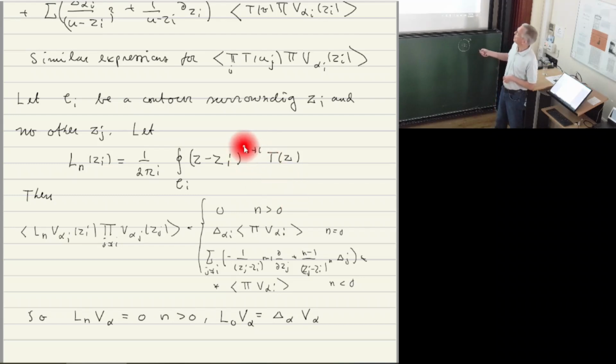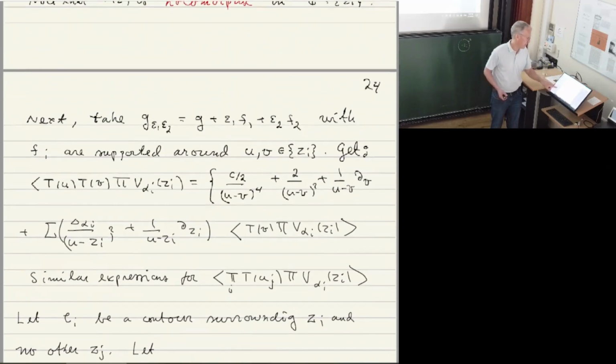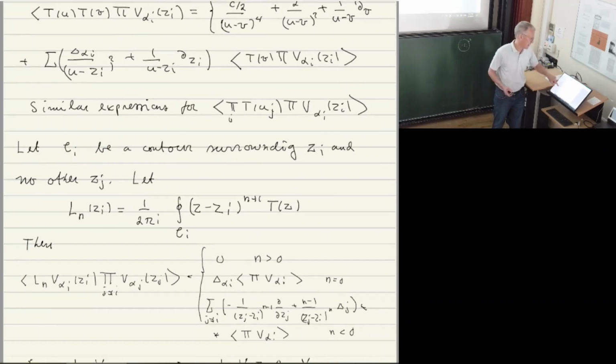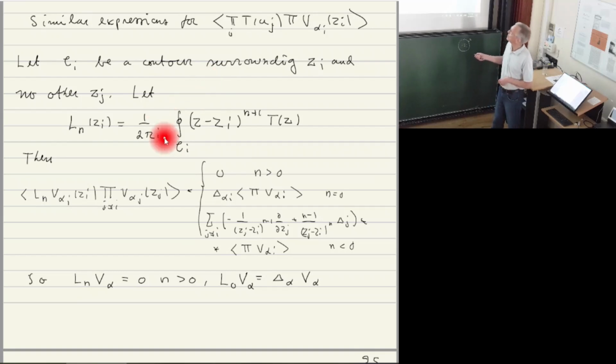When this number is 2 or more, so n is 1 or more, you have a double pole here. So this is holomorphic at z_i if I multiply it by the second power, so you obviously get 0. And if you take n equal to 0, you get this delta, that was the single pole.